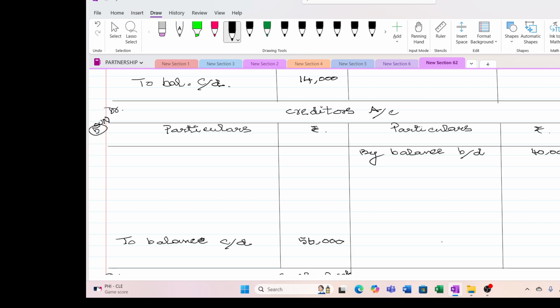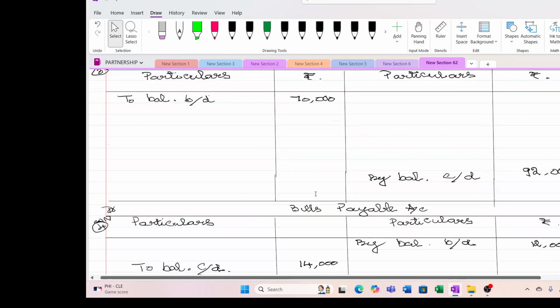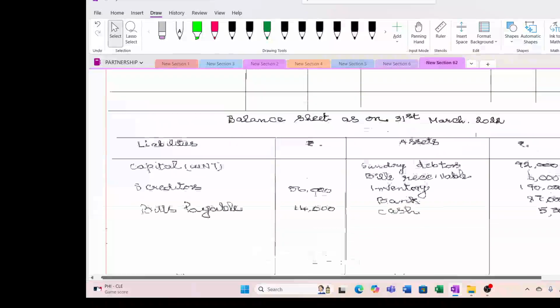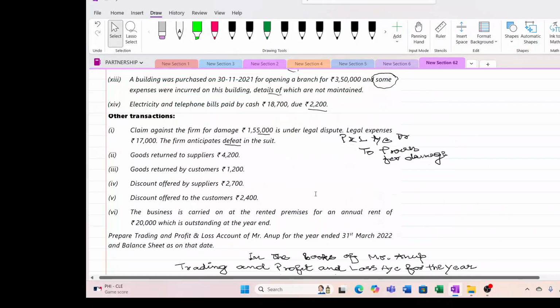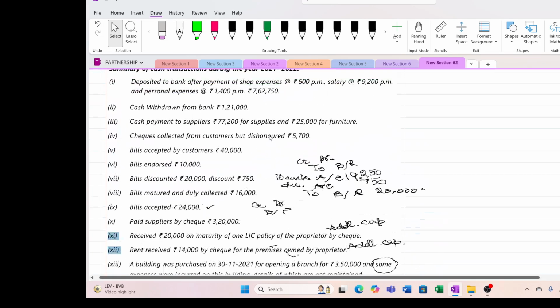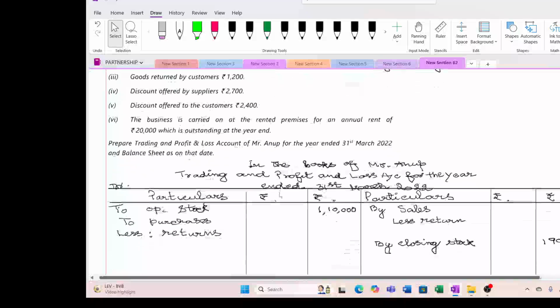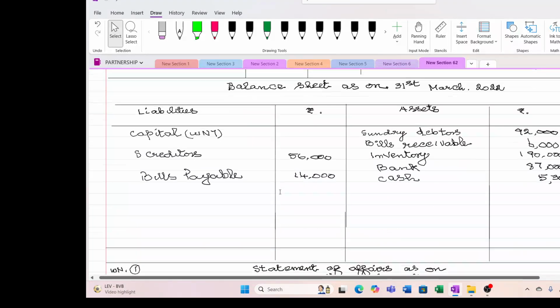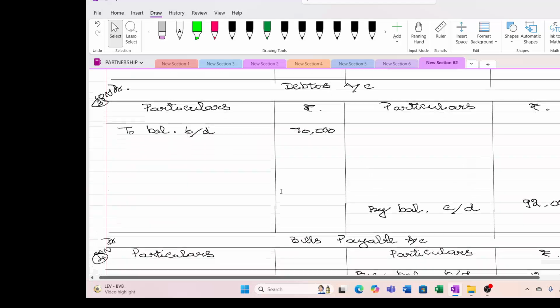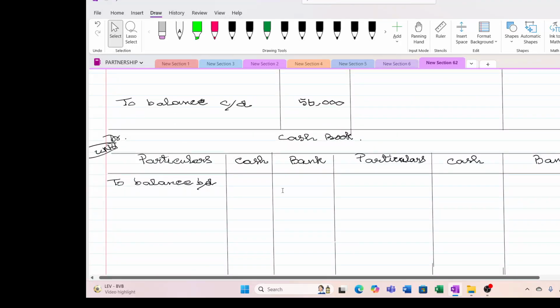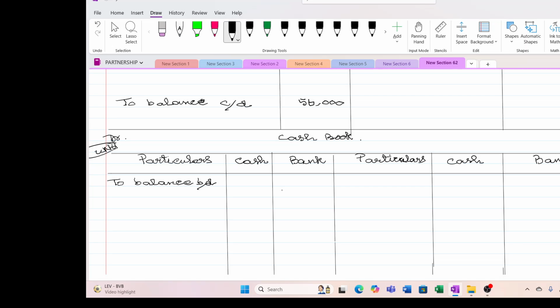Okay. So now I'm moving on to the adjustments one by one. First adjustment is we are going to open the bank and this thing. Shop expenses 600 per month. So we will post the opening balance in the cash book.